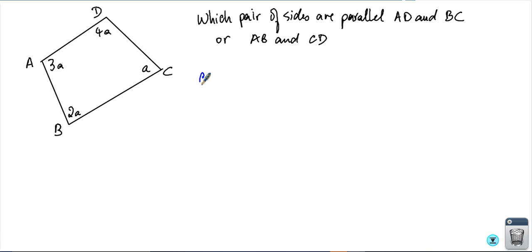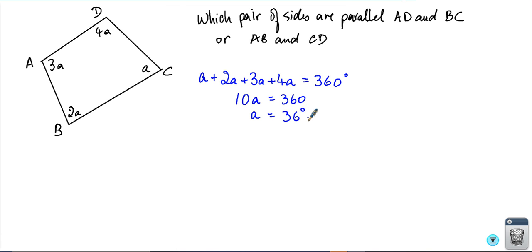So I know that A plus 2A plus 3A plus 4A make 360 degrees. If I add them up, 10A is 360 degrees. So A is 36 degrees, 360 divided by 10.